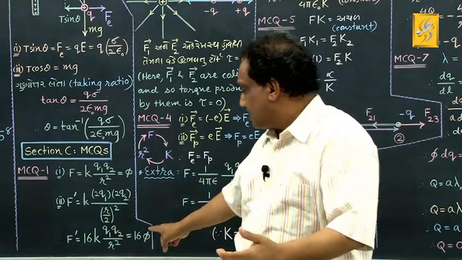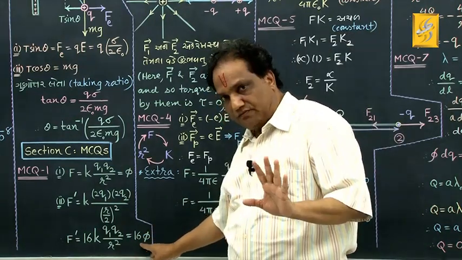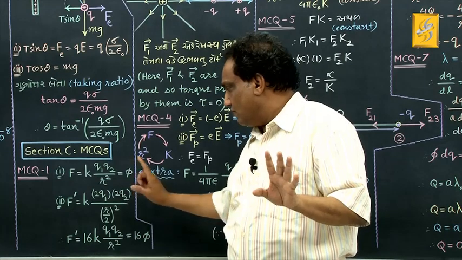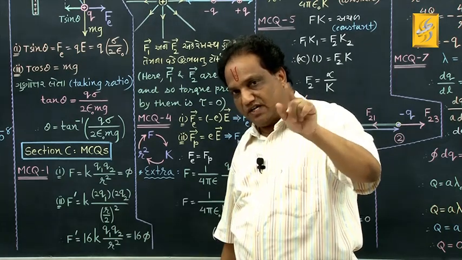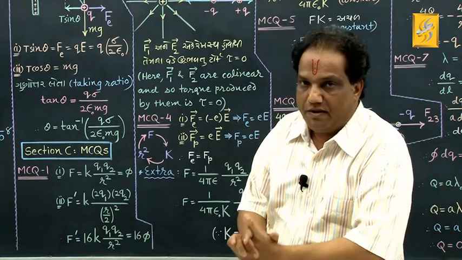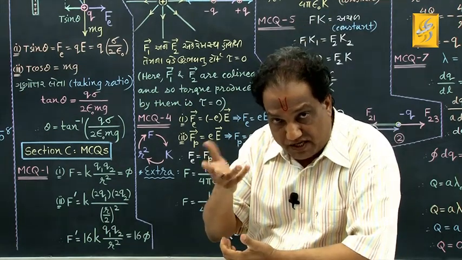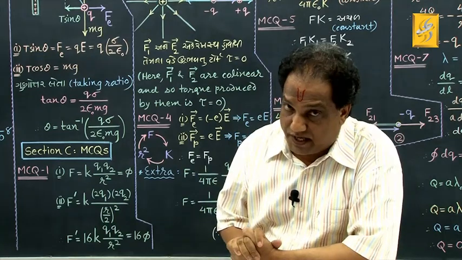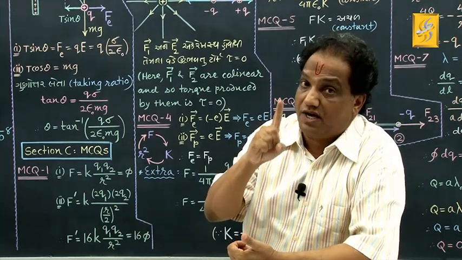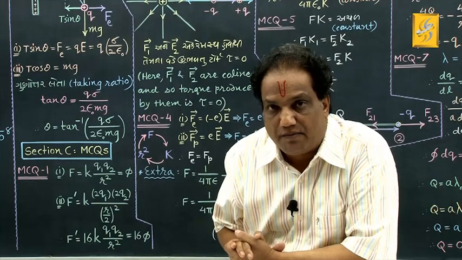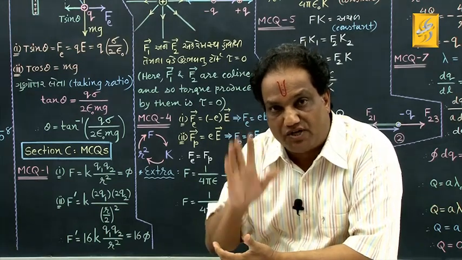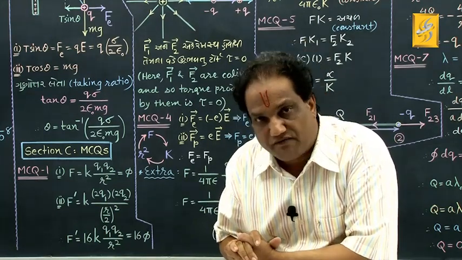The greater is 16 phi, and the smaller value was phi. So, 16 phi minus phi is 15 phi. But that 15 phi is the value, and you want it in percentage, so you must multiply by 100 percent. So, it is 1500 percent of phi, that is 1500 percent of the initial Coulombian force. Okay, fine.